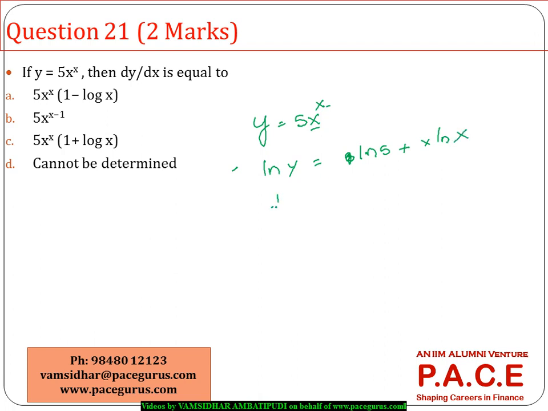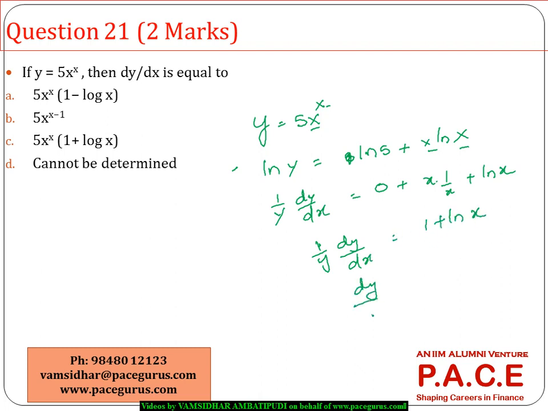So when I do the dy by dx now, 1 by y dy by dx is equal to, this is constant, plus this goes like a multiplication form, x into 1 by x plus log x. So overall this is becoming as 1 by y dy by dx is equal to 1 plus log x.